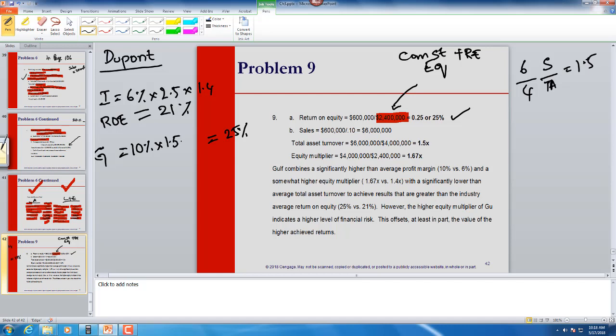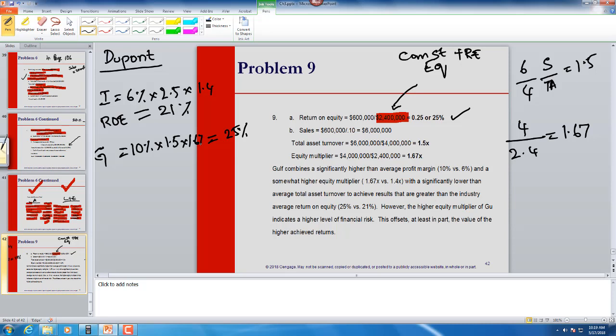Finally, equity multiplier. What is equity multiplier? That is total assets divided by total equity, which is 4 million divided by 2.4 million, which is 1.67 times. So if you multiply it out, you should get the 25%.